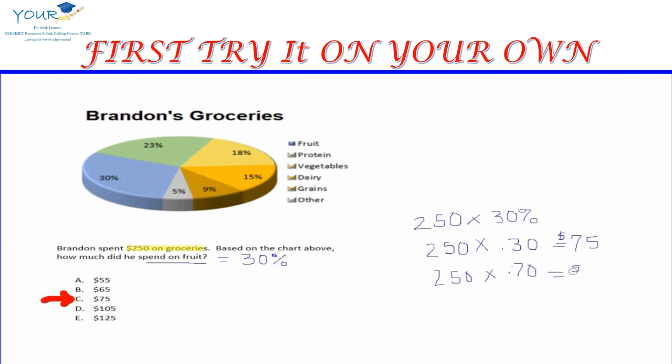And if we were to add 175 plus our $75, we're actually going to end up with our $250, which is our total budget. So then we know that 30% of 250 is actually $75, as we calculated previously.